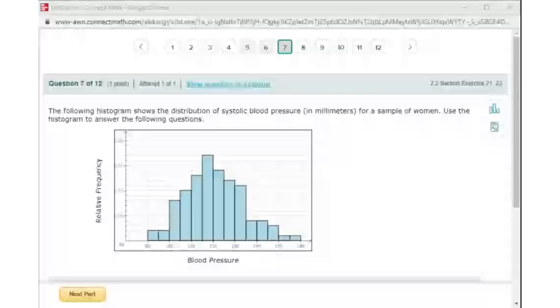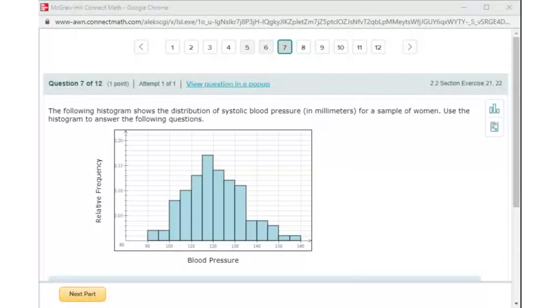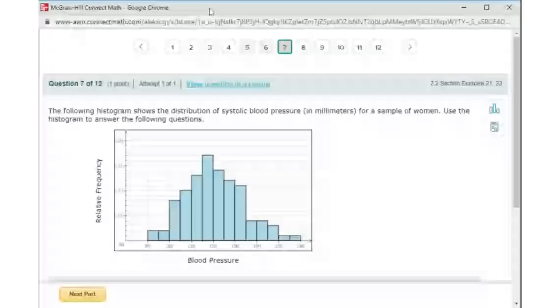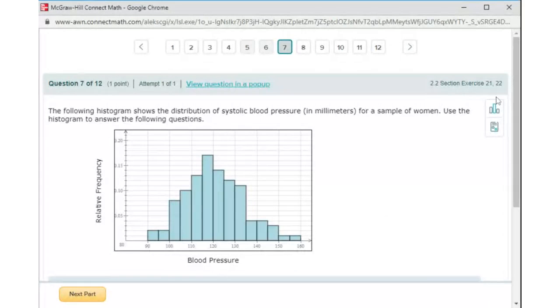And this is the same kind of questions. Unless you want to see another one, it's pretty much the same kind of thing. Well, this one's talking about percentage. So what you got to do instead of doing the actual frequency is you do the relative frequency and then change it to a percent.